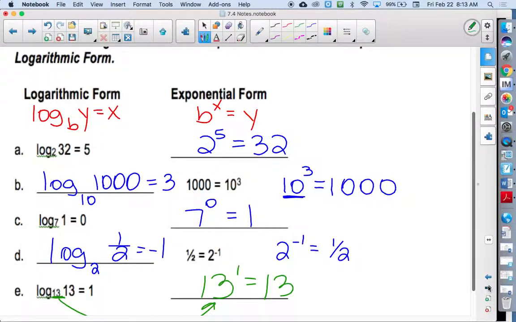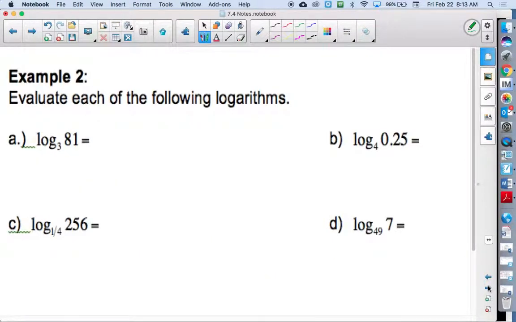The other group of those problems are asking you to evaluate without using a calculator. So we're just going to see if we can try and solve for this. So we have the log base 3 of 81, and then it equals nothing. There's nothing over there, just a blank. And I'm going to place something over there so that we can try and think of it as an equation. So for all these, I'm just going to place an x.